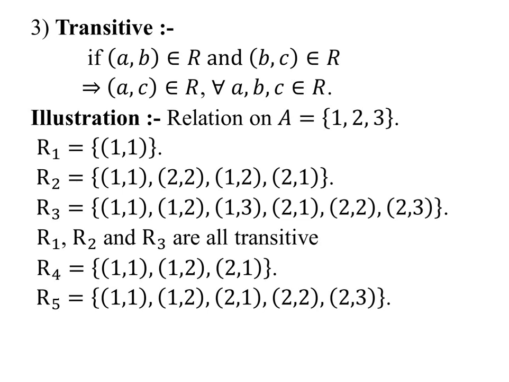Here (1, 1) and (2, 1), so (1, 2) belongs to R5. Same, (2, 1) and (2, 2), so (2, 2) belongs to R. Next (2, 2) and (2, 3), so then (2, 3) belongs to R. So all are not transitive relations.